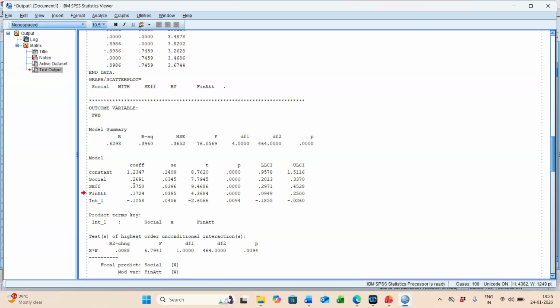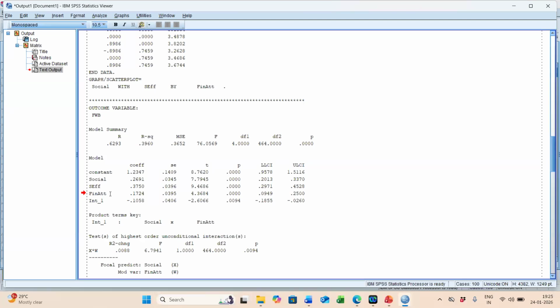You can see all the p-values are significant. That means socialization directly affects financial well-being in a significant manner. Self-efficacy also significantly influences financial well-being.